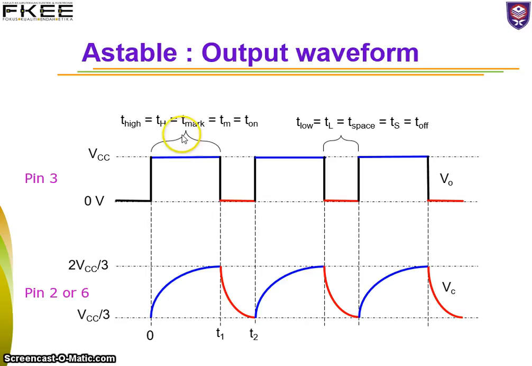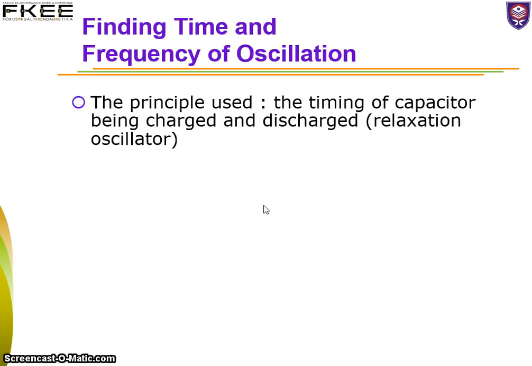During high, or TH, it is also called T mark, TM, or T on. And when the output is low, it is TL, sometimes called T space, TS, or T off. Now we are going to find the time for the charging of the capacitor, T1, and T2 for the discharging of the capacitor. We are using the principle of a capacitor being charged and discharged.